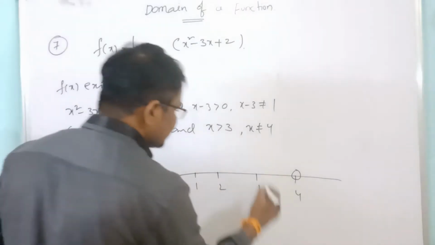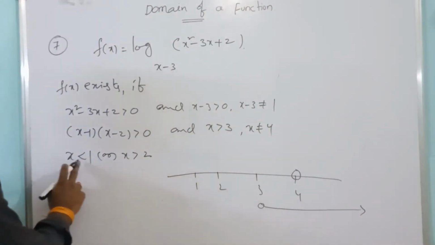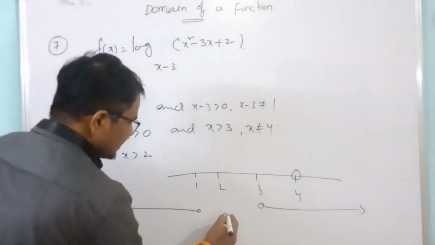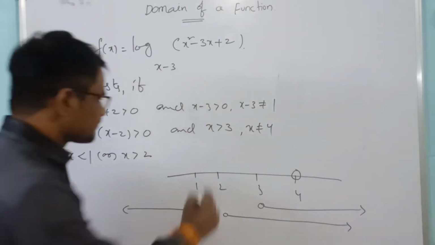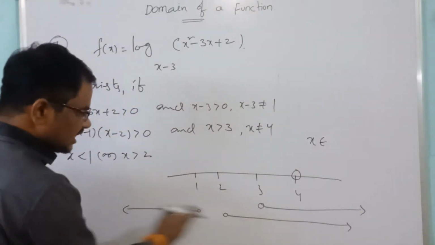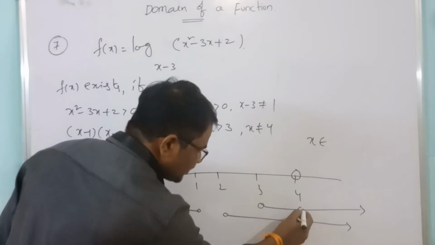So greater than 3. Next, x less than 1. So less than 1. And x greater than 2. So this is greater than 2. So what are the common values in this? Here x belongs to, here common values are not there, from here it will start, but in this one 4 we can't take.